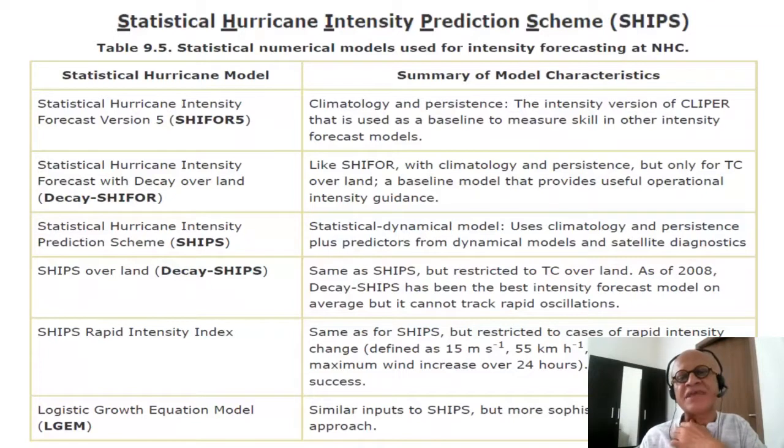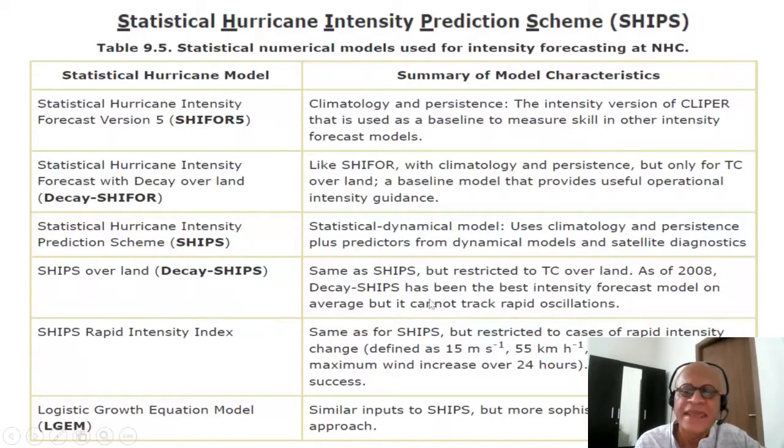It is updated every year with the previous year's cyclones, so it remains fairly current in terms of the statistical relations, and it's not based on some past data. It's constantly updated, so its skill continues to beat dynamical models. Decay-SHIPS is the same as SHIPS but restricted to tropical cyclones over land.